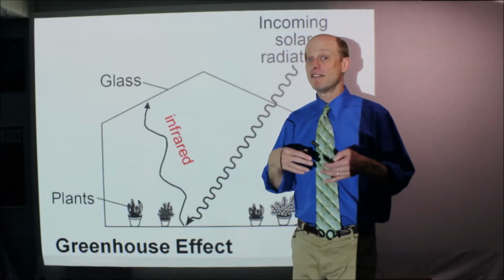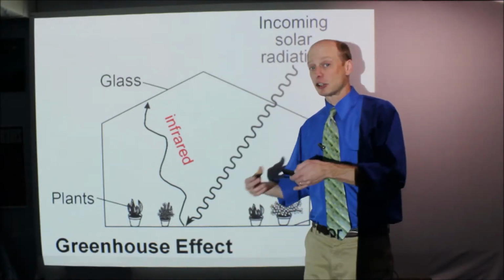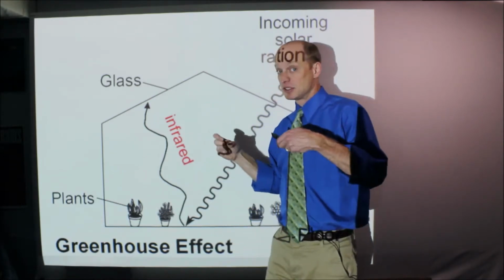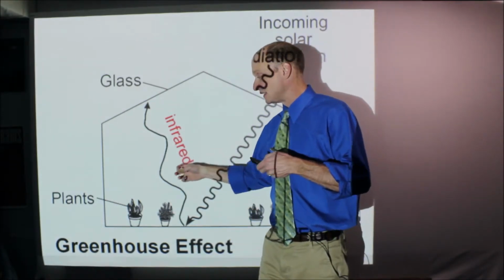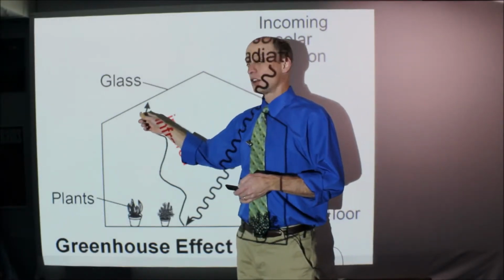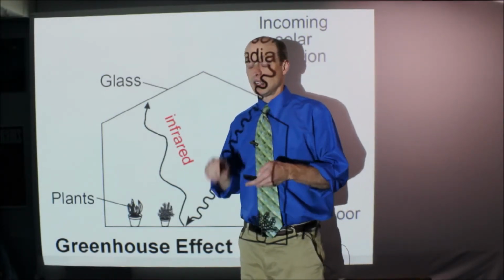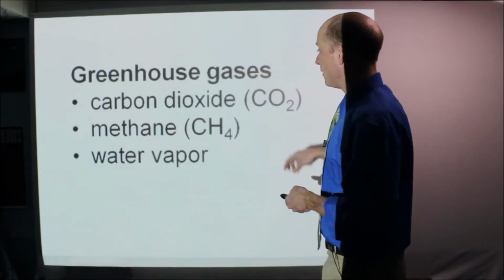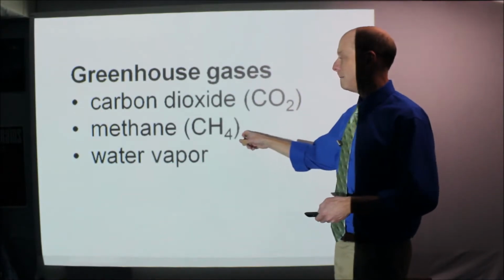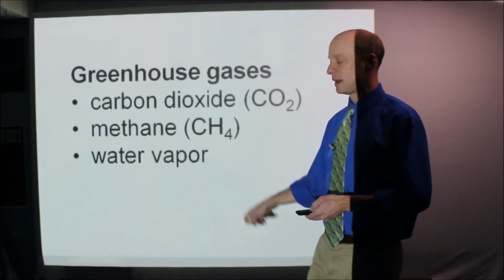Now, in our environment, the greenhouse effect, when we talk about our climate, it's not glass that keeps this energy in. It is greenhouse gases that absorb this infrared radiation. Okay, and these are the three main greenhouse gases that you need to know: carbon dioxide, CO2, methane, CH4, and water vapor.